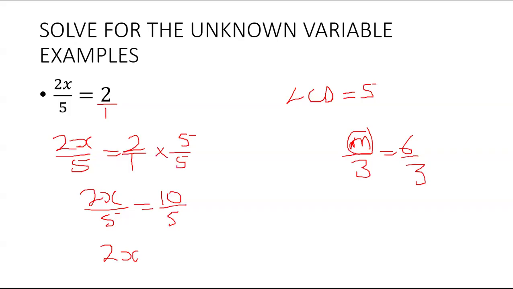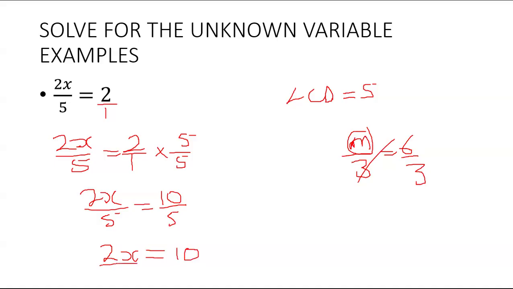If I put 5 where there is m, they won't be the same. So for them to be the same, if the denominators are the same, the numerators must also be equal for us to say the left and the right are equal. So same here. If the denominators are the same, it makes sense for us to also equate the numerators.